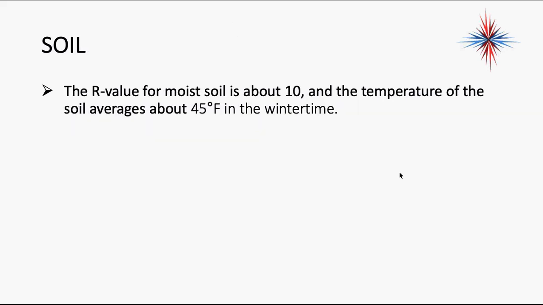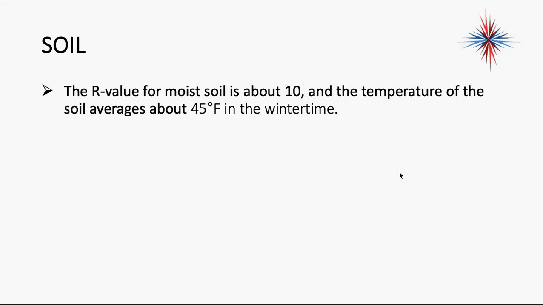Soil has an R value. It's resistive to heat transfer. Moist soil has a value of R10. Dry soil is a little different, but most soil is a little bit moist, so it has an R value of R10.